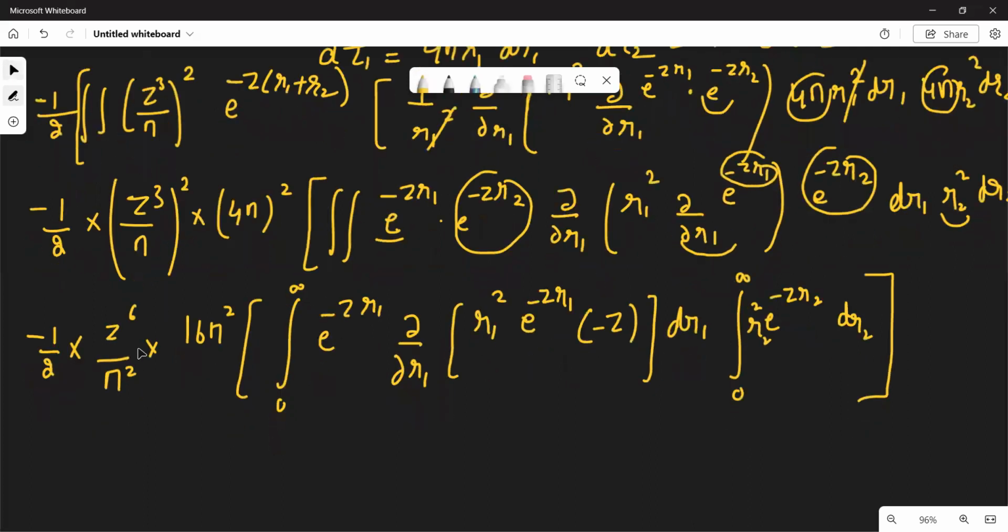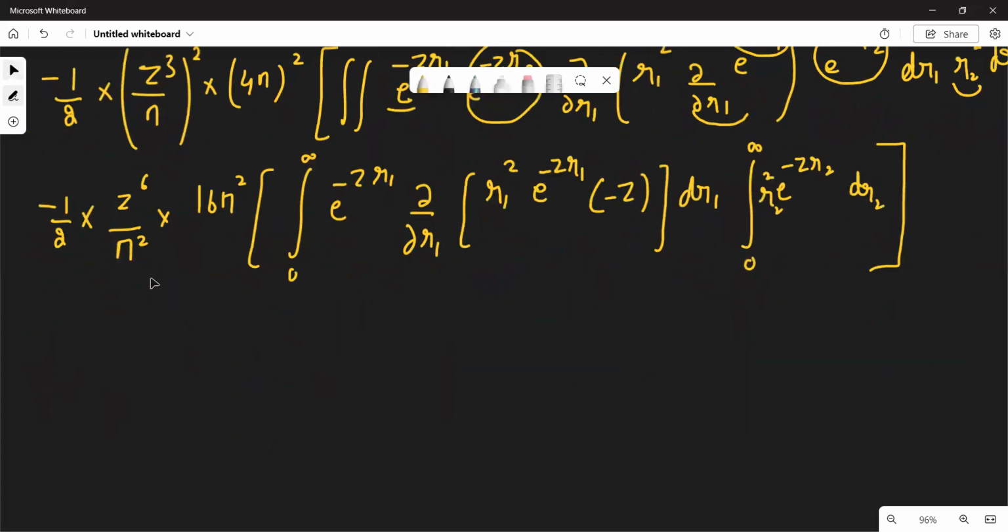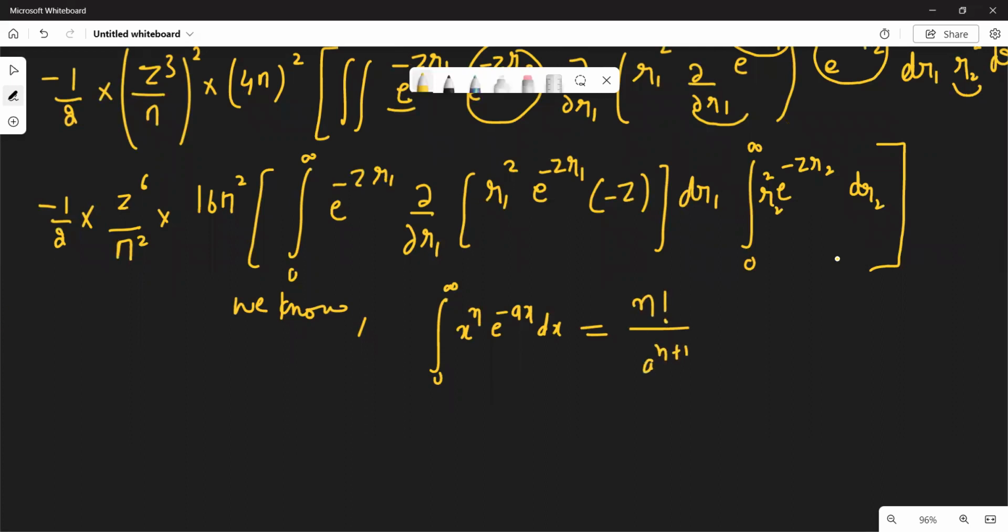So students, the second integral here we can solve by using the standard integral result. We know that the integral of x raised to power n e raised to power minus ax dx equals n factorial over a raised to power n plus 1. So this second integral we can solve by using this standard integral, right?